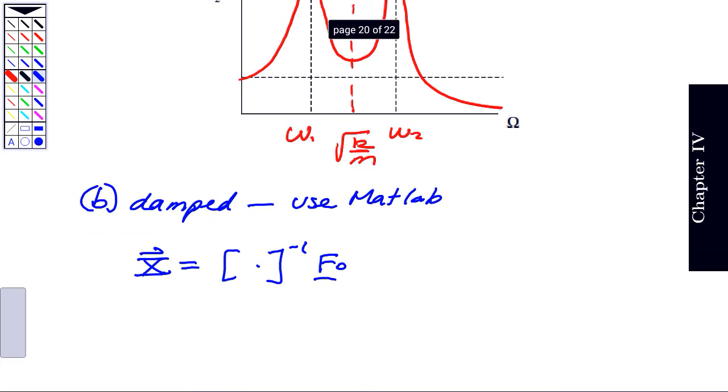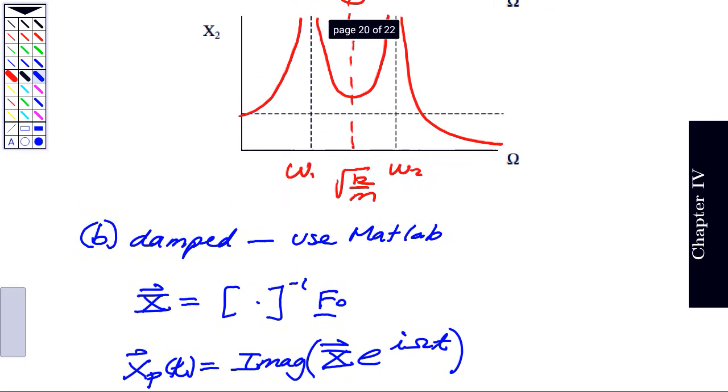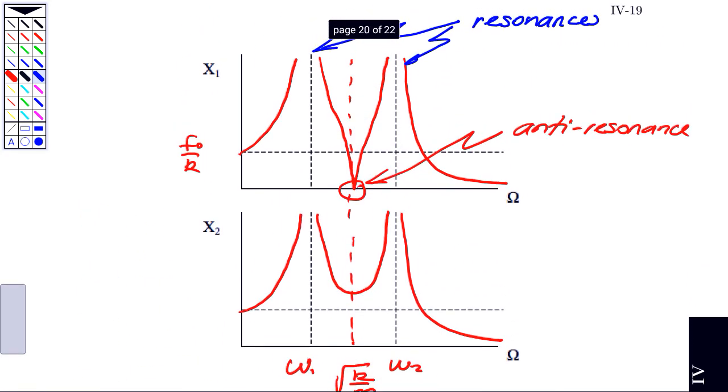And then we would say that xp of t is going to be the imaginary part of x times e^(i omega t), like that. What you're going to find is when you plot the magnitude of x1, it's going to look something like this. For some light value of damping, you're going to find that the response is going to look like this.